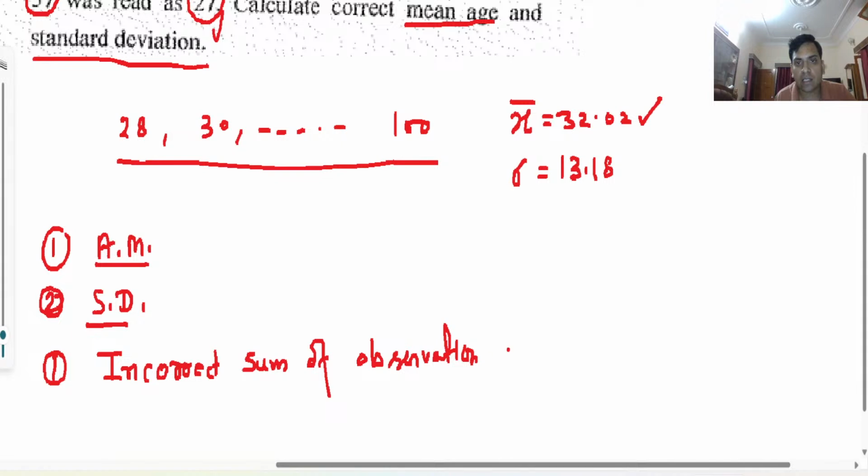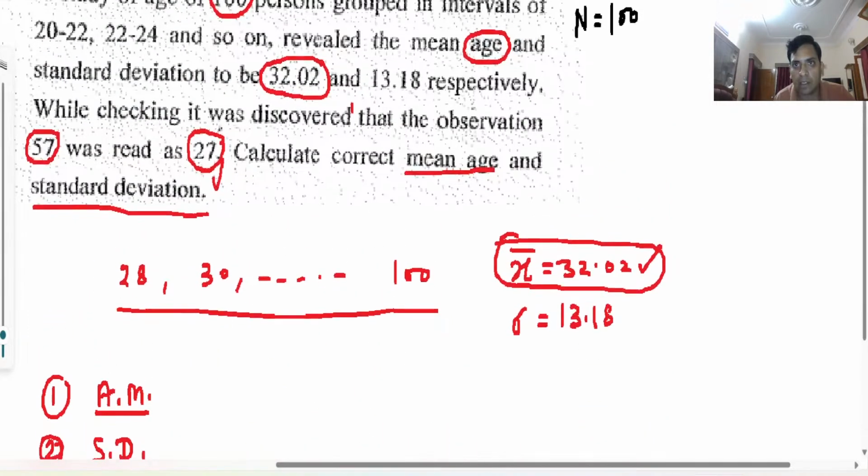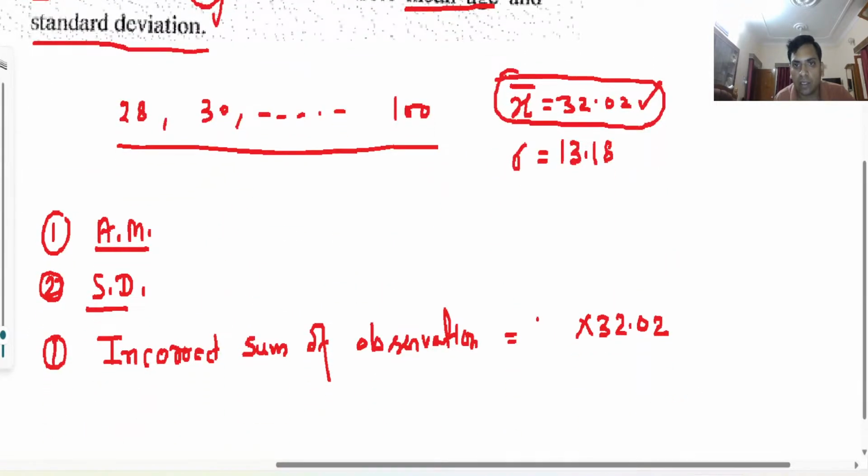The incorrect average is 32.02 and the total observations are 100. So we will multiply this quantity by 100, right? So this is 3202. This is the total incorrect sum.